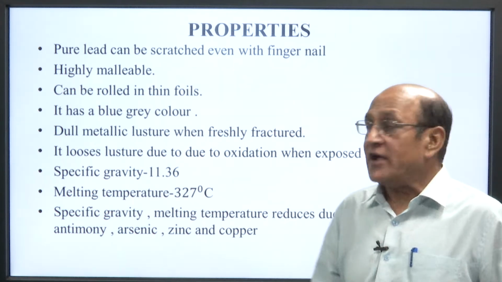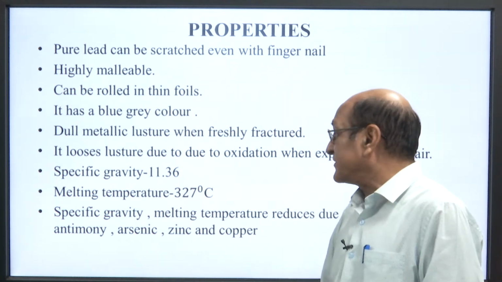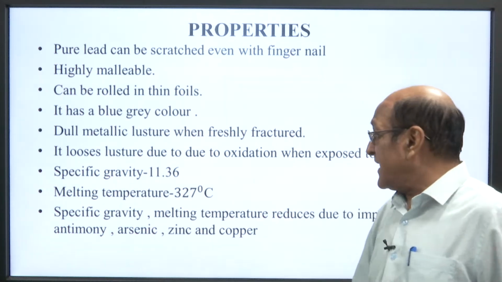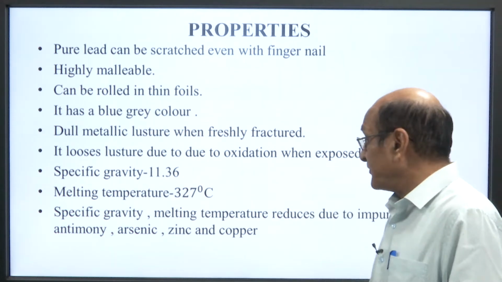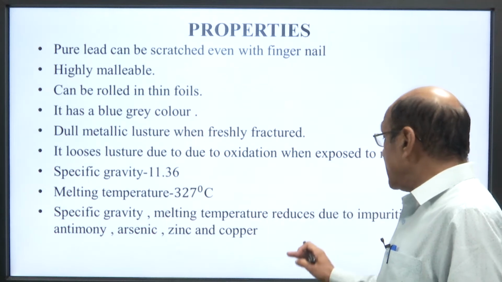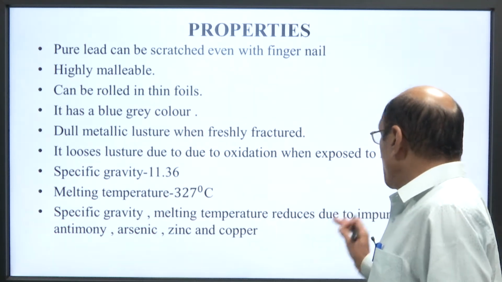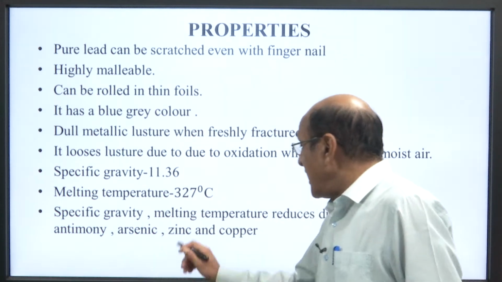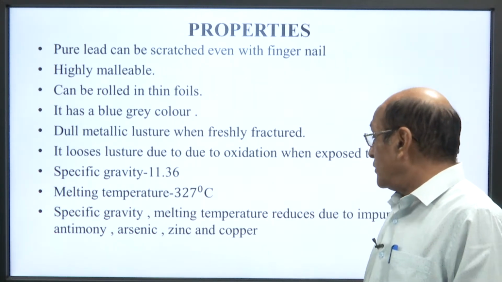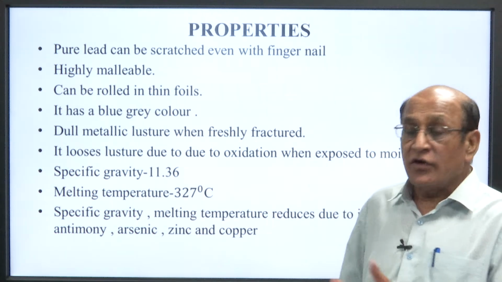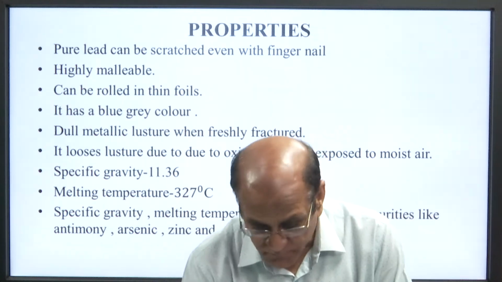The specific gravity of lead is 11.36. The melting temperature is 327 degrees centigrade. The melting temperature reduces due to impurities like antimony, arsenic, zinc and copper. So, the melting point reduces with these impurities.